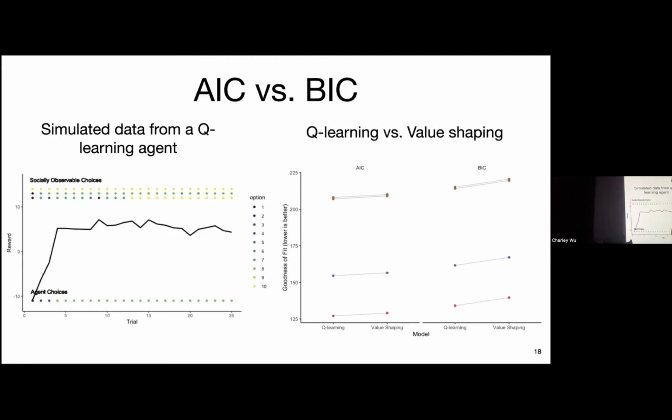So what we can see, there's a lot of variability overall, but in general, what we see for the AIC model is that we actually don't see that much distinction between Q-learning and value shaping, right? Essentially, lower is better. Some of them are quite similar. But BIC, which penalizes much more strongly for the extra parameter that value shaping has, is more likely to correctly identify that the Q-learning model is the true underlying model for these agents.